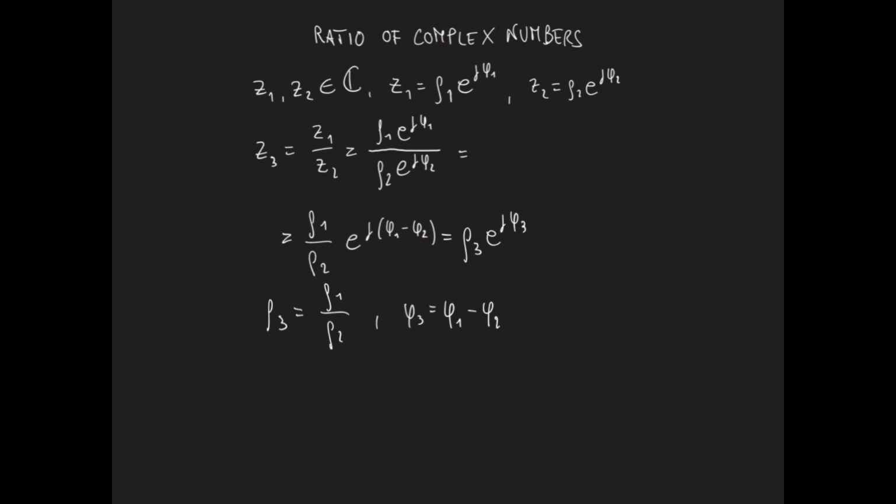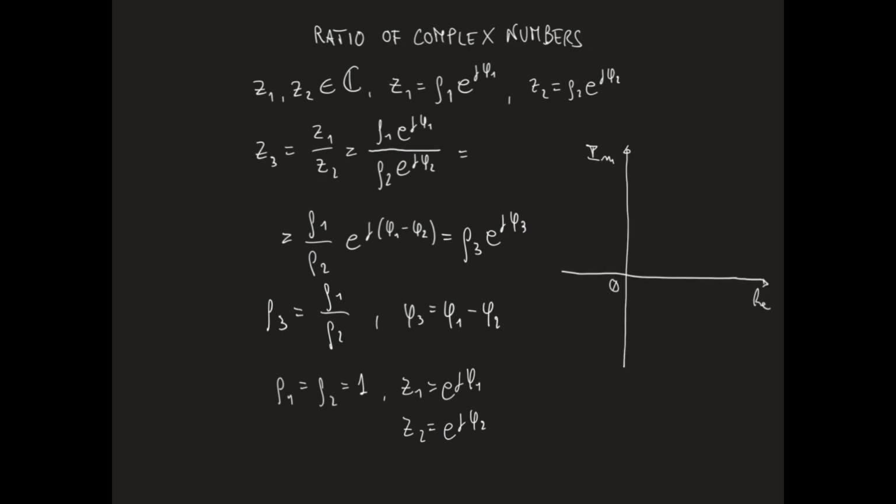Let us assume now that the moduli of the two complex numbers are both equal to 1, as we did in the case of the product of complex numbers. So let's assume that rho 1 is equal to rho 2 is equal to 1, in which case z1 is equal to e to the j phi 1 and z2 is equal to e to the j phi 2. Both z1 and z2 are represented in the complex plane by points on the unit circle.